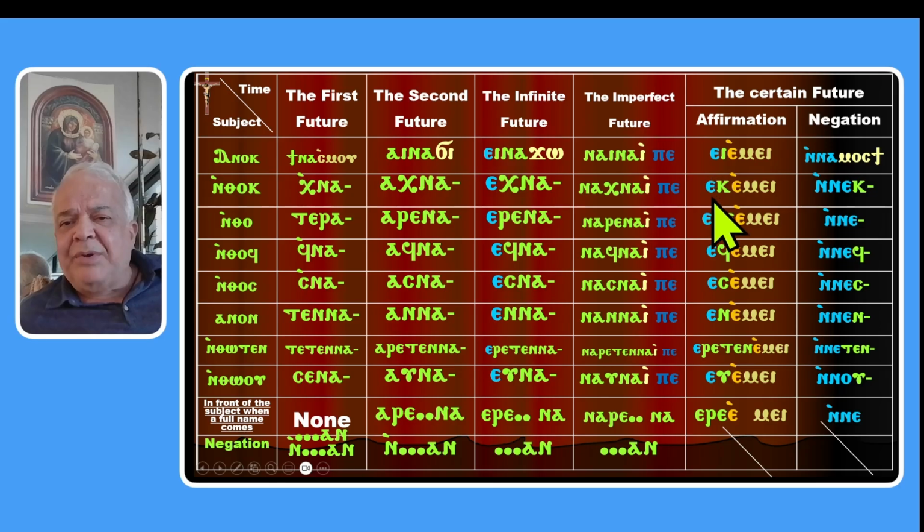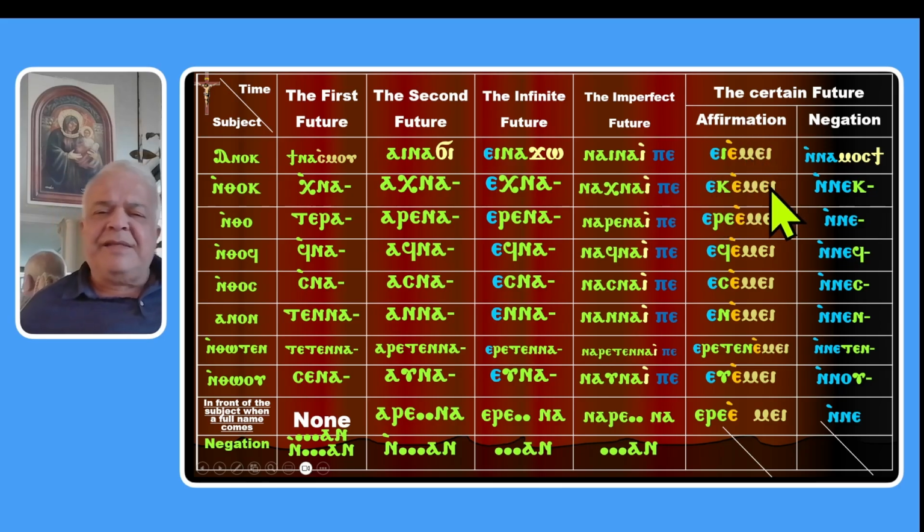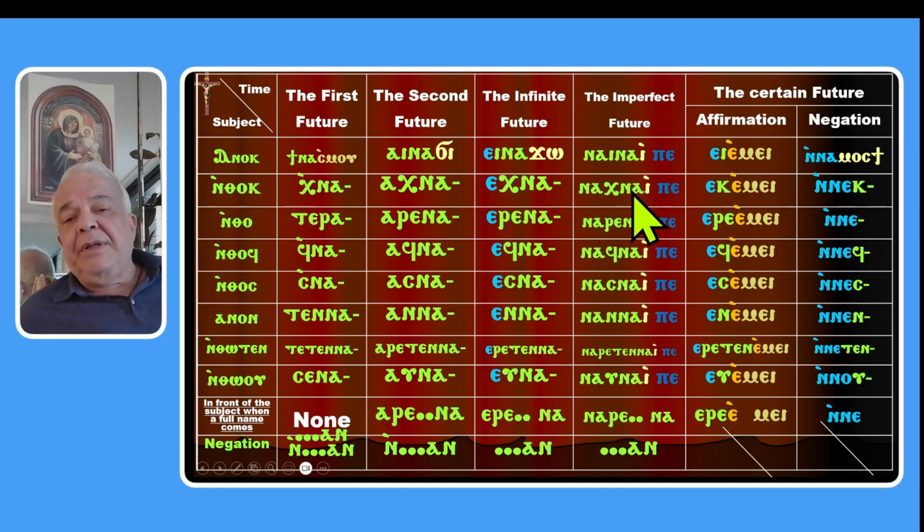So kabba is only used in the fifth kind, as we will see in the next lecture. But in all four future tenses, we use K for the second person masculine singular. So here, nak na i pe. You may be coming.